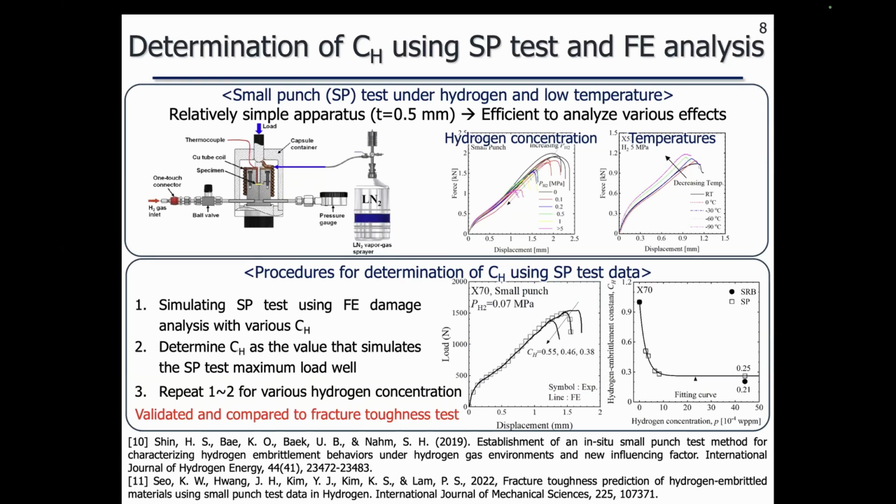Then the value which simulates the experimental maximum load was determined as the CH. And the CH for various hydrogen concentrations and temperatures was determined by repeating these procedures. This methodology was also validated by comparing simulated JR curves and experimental JR curves.